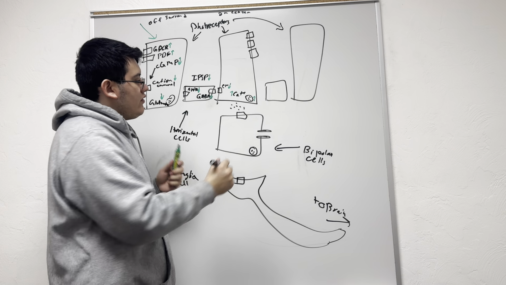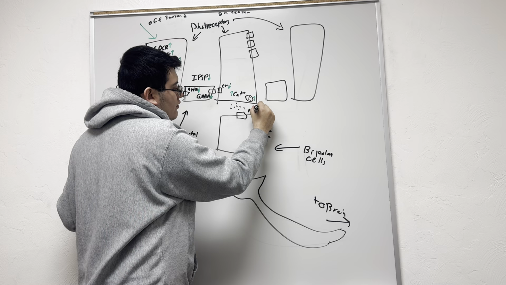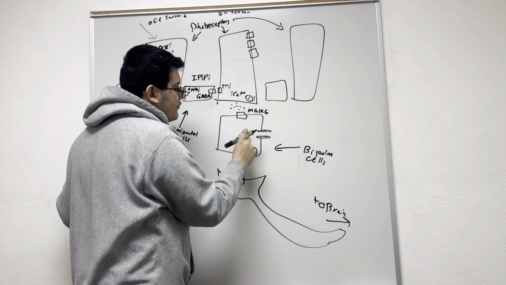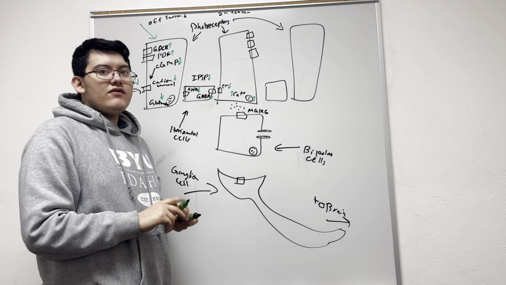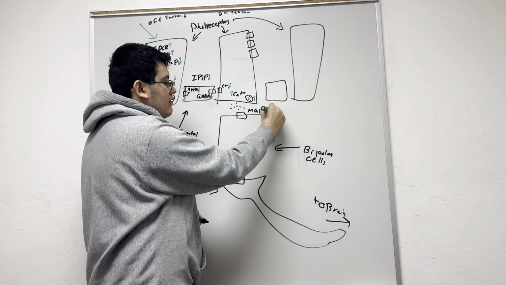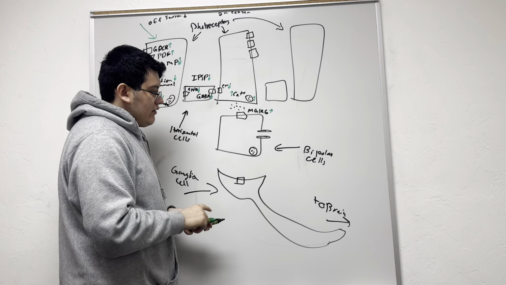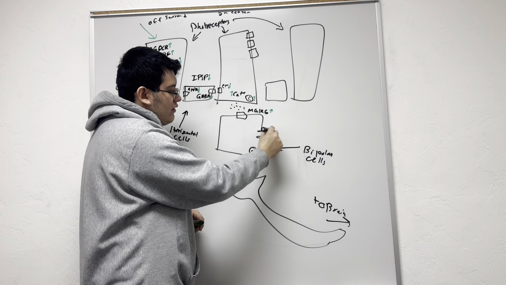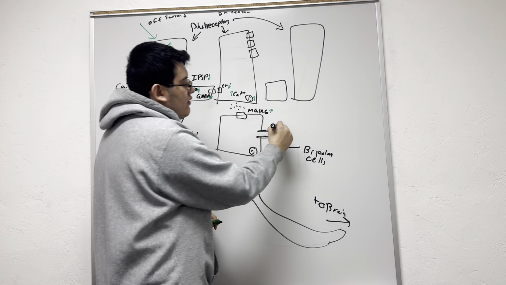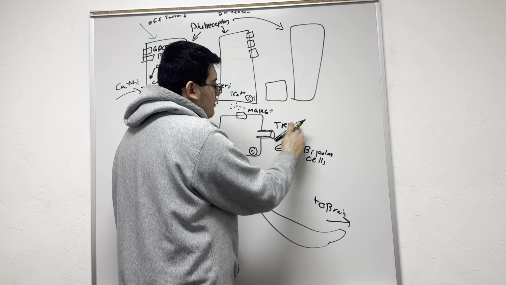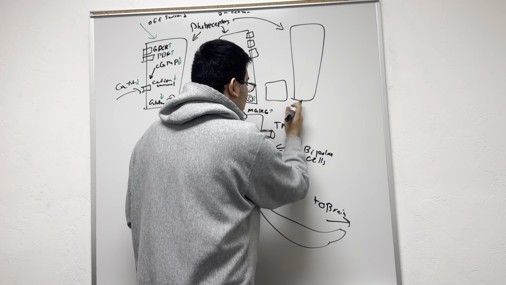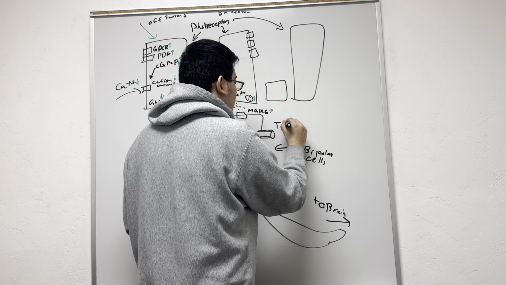Now here we have another channel known as the mGluR6. When the mGluR6 receives a lot of the glutamate here, it's going to activate and close this channel, which is known as the TRPM1.